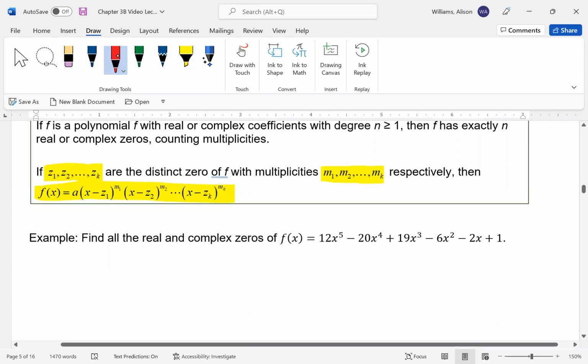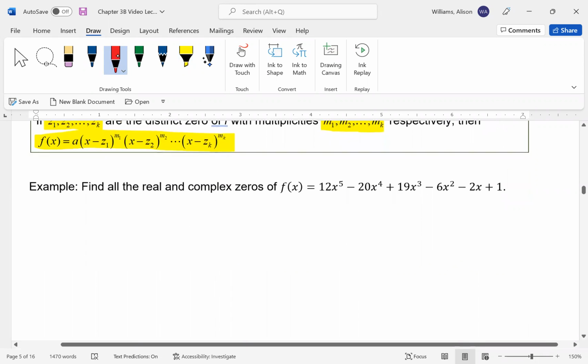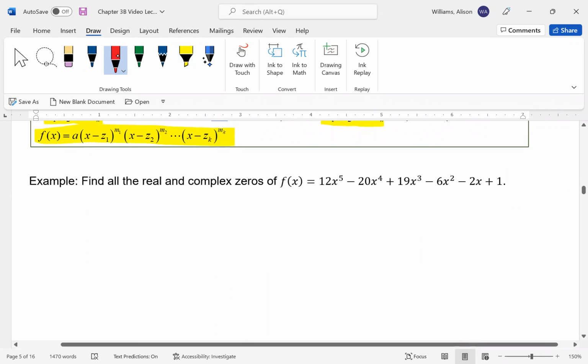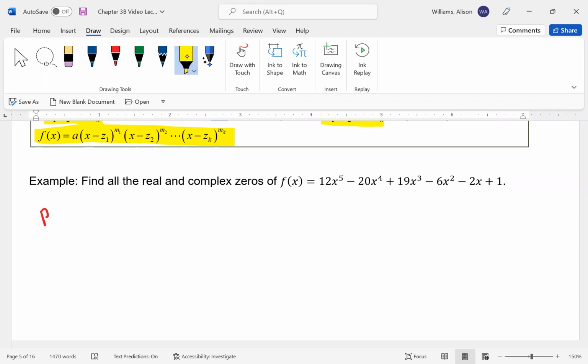Okay, so here, let's look at an example and we'll go through the steps of how to find all the zeros. Just like before, we can start by listing all the zero possibilities, which I'm going to take a second to do. But then we're going to look at the graph and use the graph to help us test which zeros would be the most reasonable to start with. Looking at the last coefficient, which we called P, that would be the 1 over here.